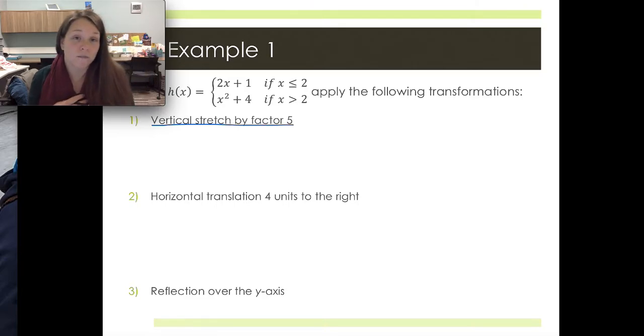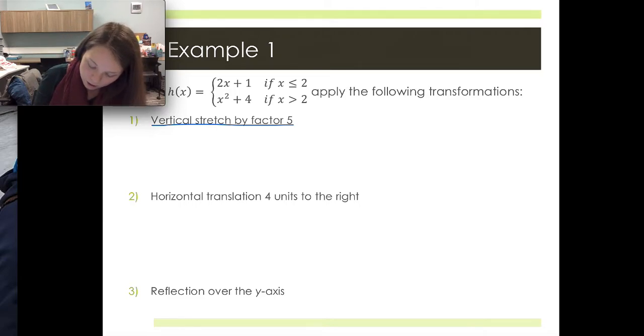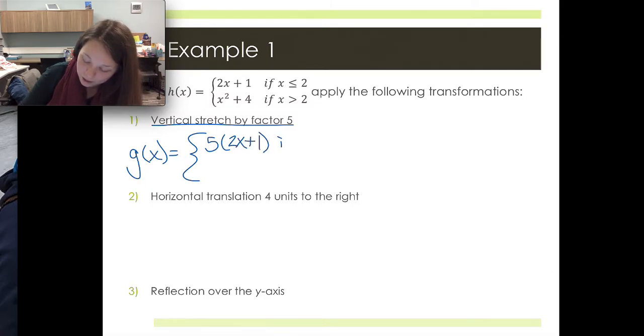A vertical stretch by a factor of 5 means I'm taking the original functions and I'm just multiplying all the pieces by 5. So if I call my new function g of x, I'm going to say 5 parentheses, the original first piece of the piecewise function, 2x plus 1, and that is if x is less than or equal to 2. And then 5 parentheses, x squared plus 4 for the second piece of the function, if x is greater than 2.